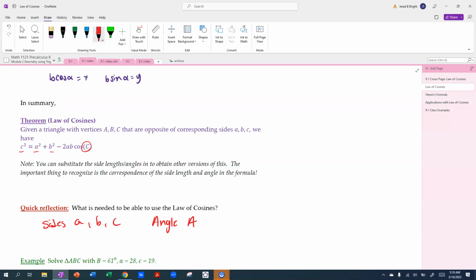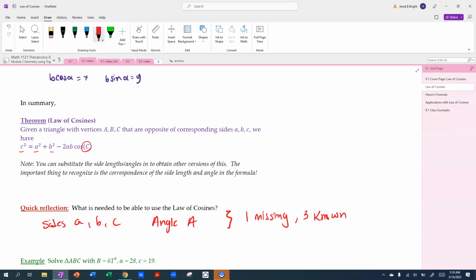So you need to have one missing and three known.